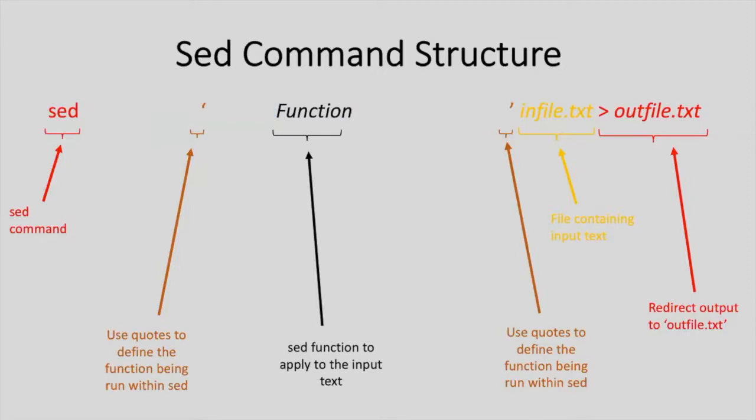Let's start by focusing in on the function part, since that's the only required portion. There are quite a few sed functions to choose from, but in practice, there are a limited number you're likely to use. Each function is represented by a single lowercase letter, and some have additional syntax that they require.